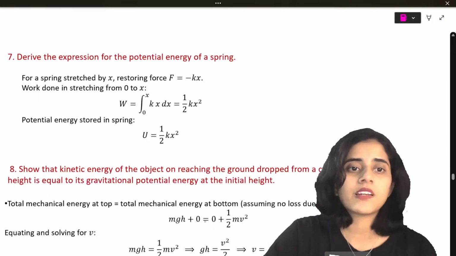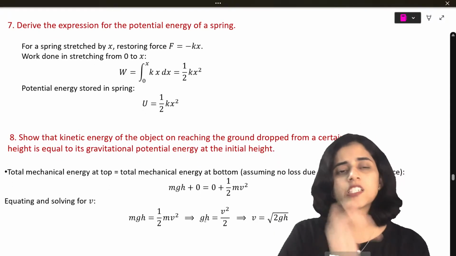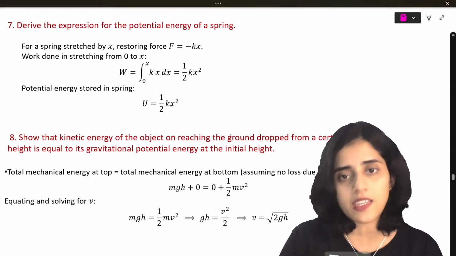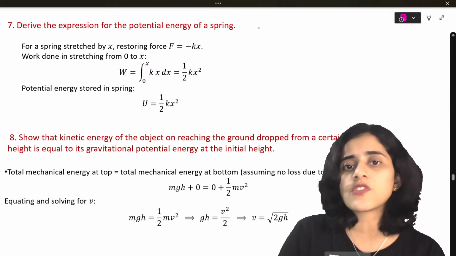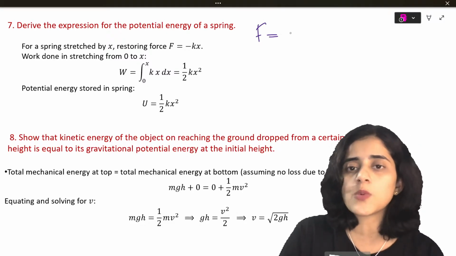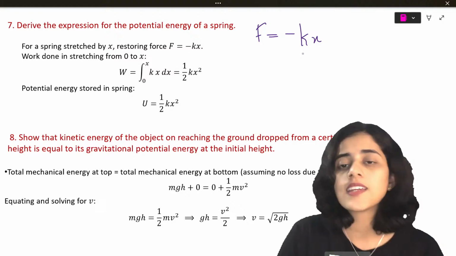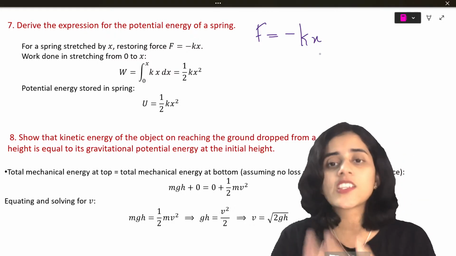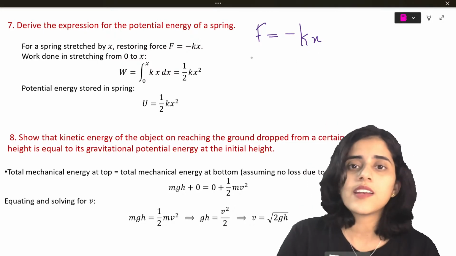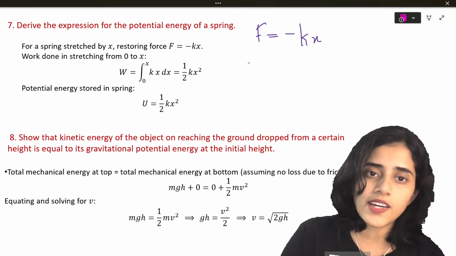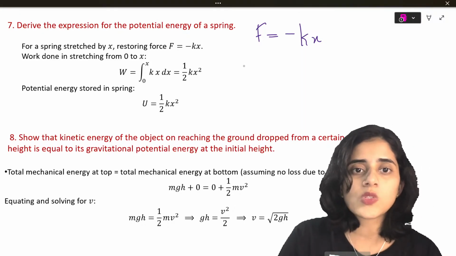Okay. Next question. Derive the expression for potential energy of a spring. For spring, what is the first formula? Force of a spring is equal to minus kx. K is spring constant, x is extension. Now what will I do? I will find out work done. What is work done?